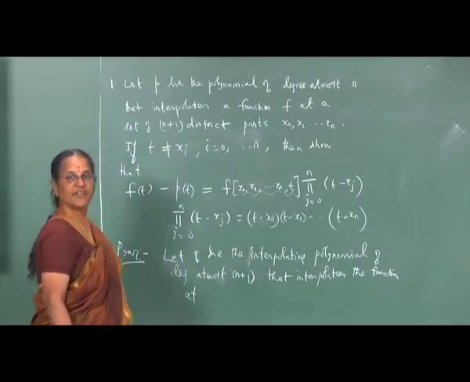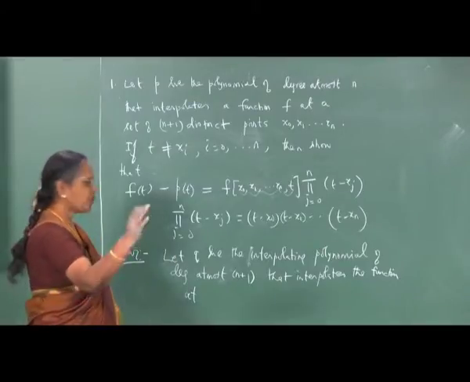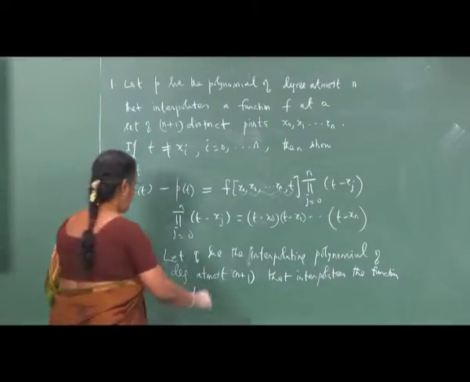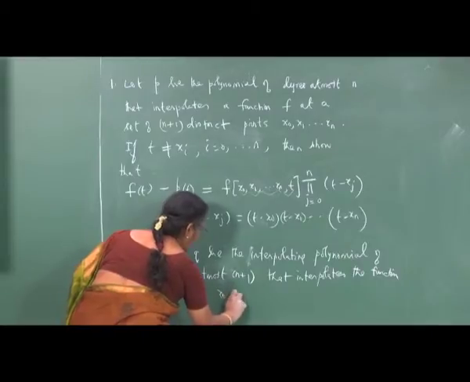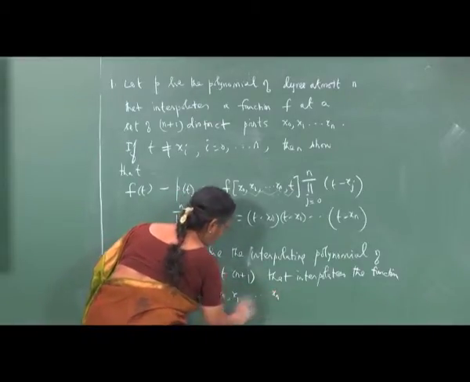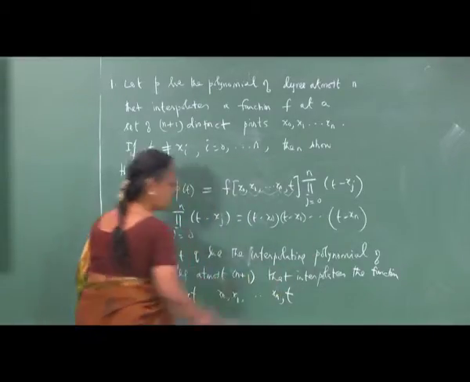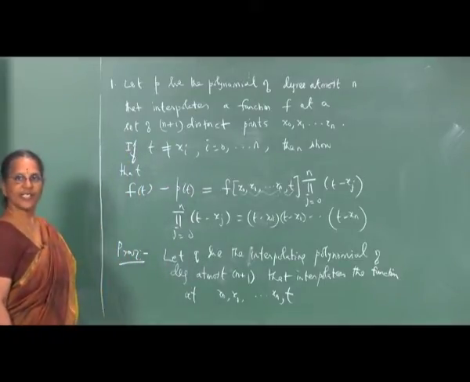So, that interpolates the function at a set of n plus 2 discrete points. So, at say x0, x1, etc., xn, we have n plus 1 of them, and t. So, we have n plus 2 such points.